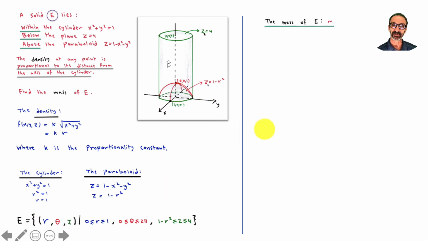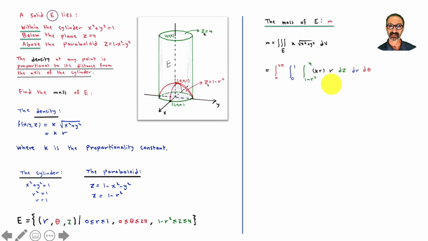The mass of E, m, will be the triple integral of the density function that we have here, dV. Now, transferring to cylindrical coordinates, we have kr for the density function, and we have r dz dr d theta that we agreed on.